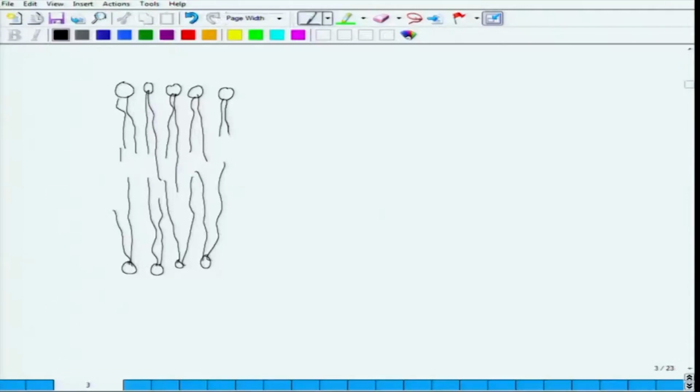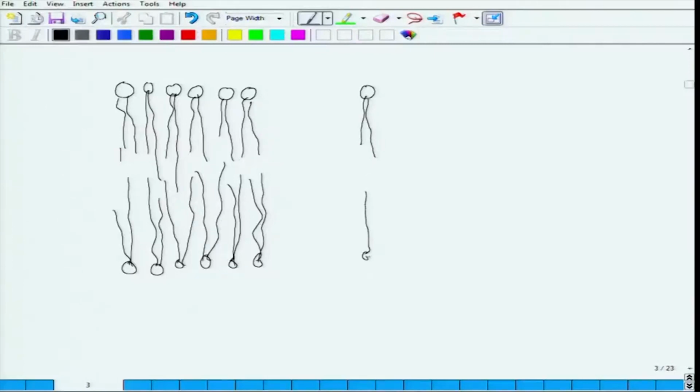You will get a really nice description about the different kinds of lipids which constitute the membrane. Here I will just draw for your understanding. My objective here is not to have an extensive discussion about the membrane structure, but only the electrical phenomena.